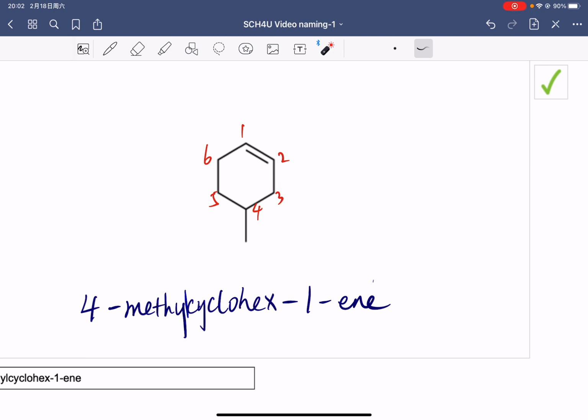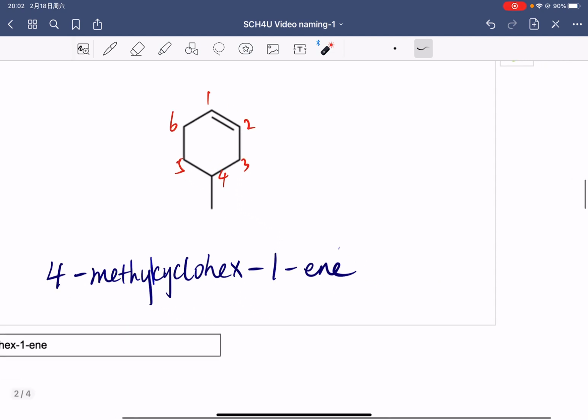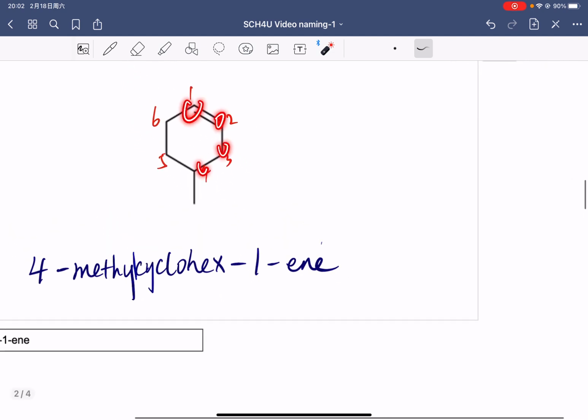As we can see, it is a cyclic shape, so it will have 1, 2, 3, 4, 5, 6 carbons for its main chain. So it will be a cyclohexene, right? But we have to ensure the double bond has the lowest number. So we start from this side, because the double bond will be on the 1st carbon.